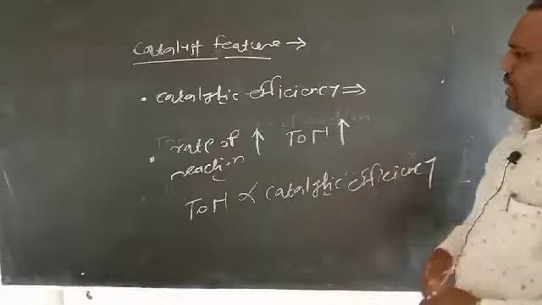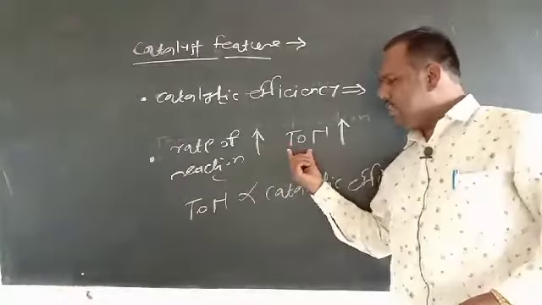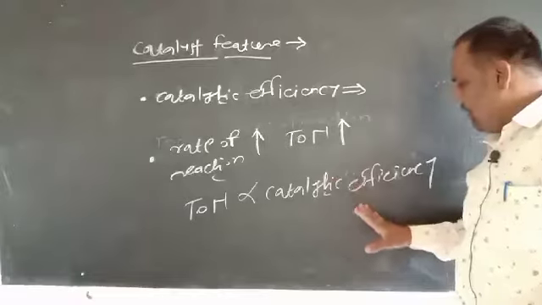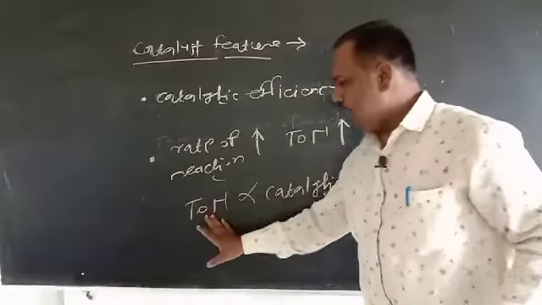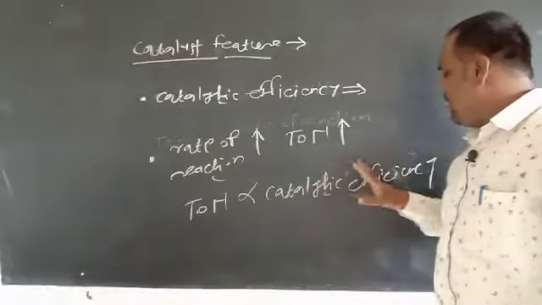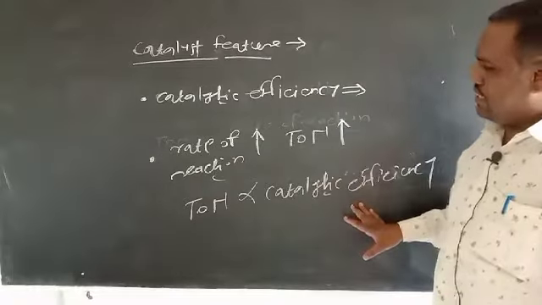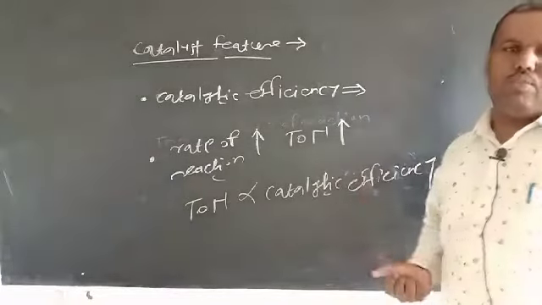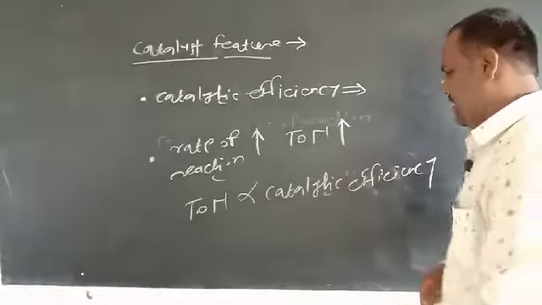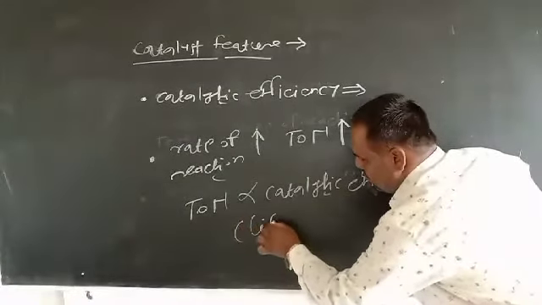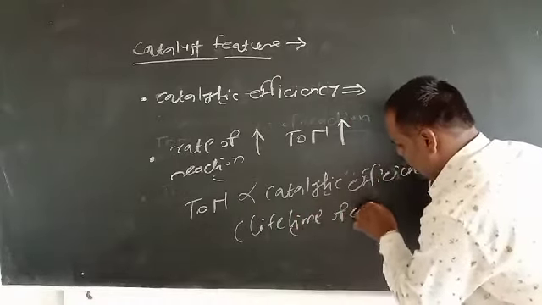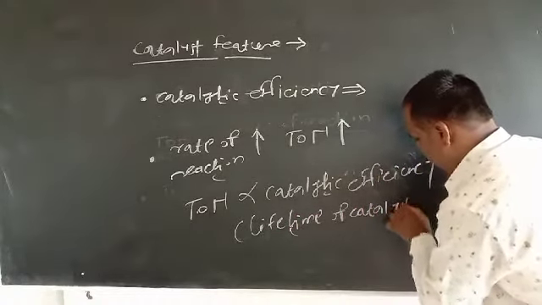As the rate of reaction increases, turnover number increases. So as turnover number increases, the catalytic efficiency also increases. And as catalytic efficiency increases, the lifetime of the catalyst also increases.